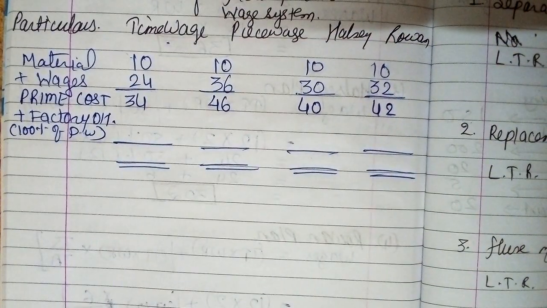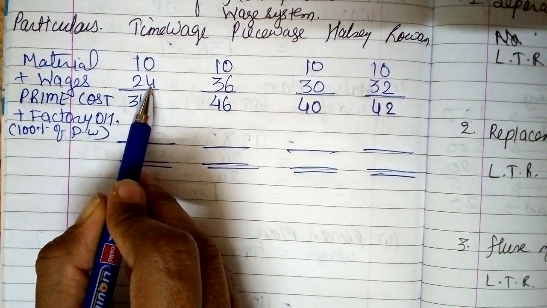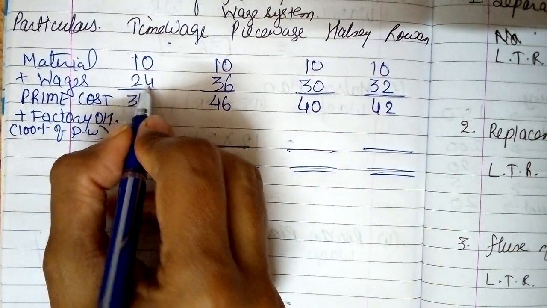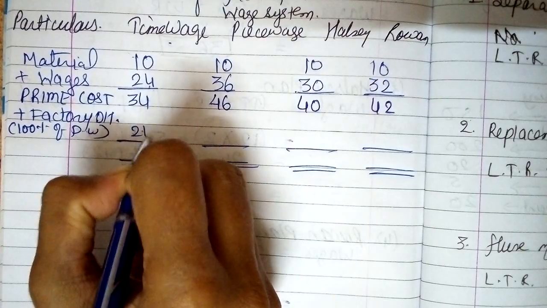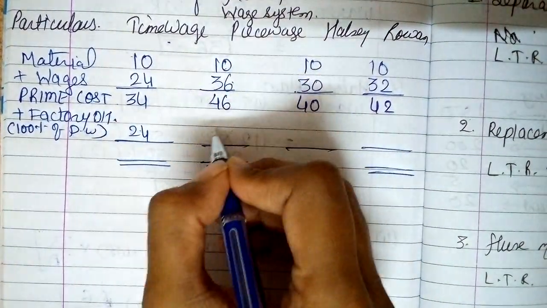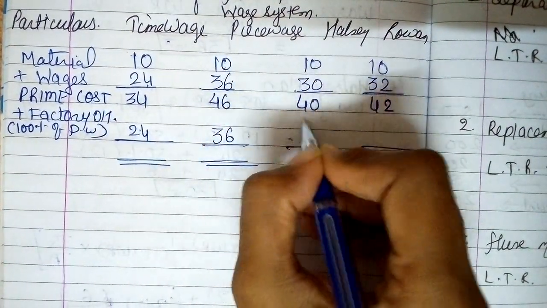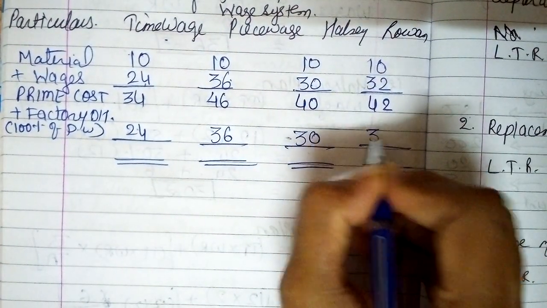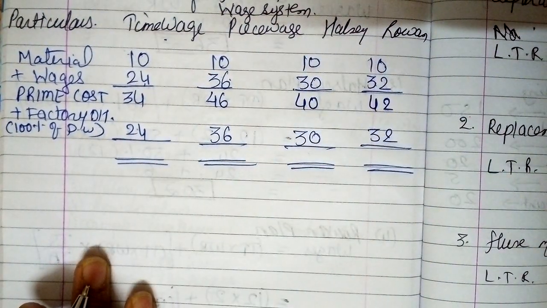So the direct wages will be 24 in time wages. So 100% of the same. So 100% of 24 is 24. 100% of 36, 36. 100% of 30, 30. And 100% of 32 is 32. Right?